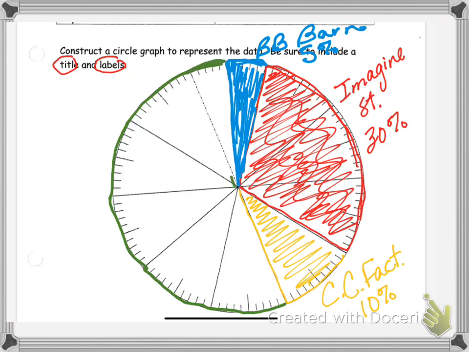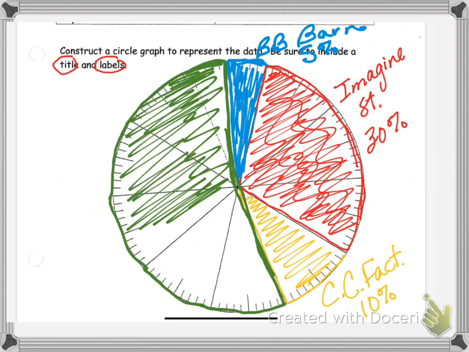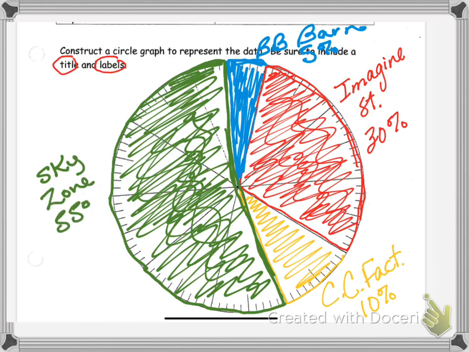So that was perfect. So as long as you did all your shading correctly, the last piece of information you shade in should be the easiest. Again, color that in. Feel free to color it in solid. It's not as easy for me to do that on the iPad. Okay, and then we label Sky Zone at 55%.